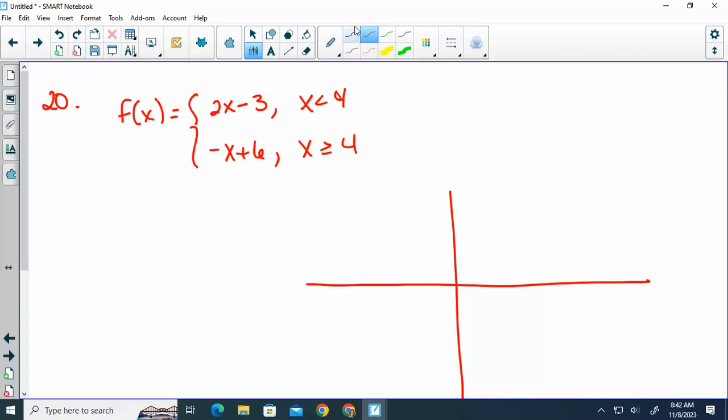So we start by plugging in 4. Since there's no equal to, that would be open.